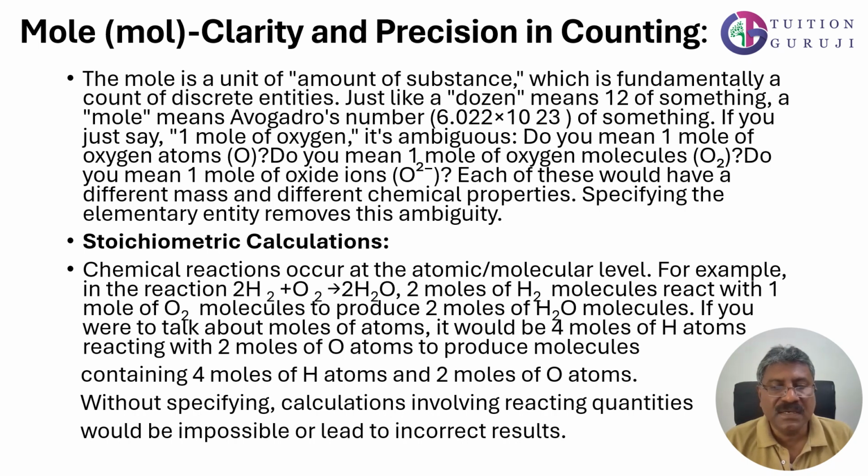Otherwise, you have to say 4 moles of hydrogen atoms will combine with 2 moles of oxygen atoms. So, without specifying this, calculations involving reacting quantities would be impossible to lead to correct results.